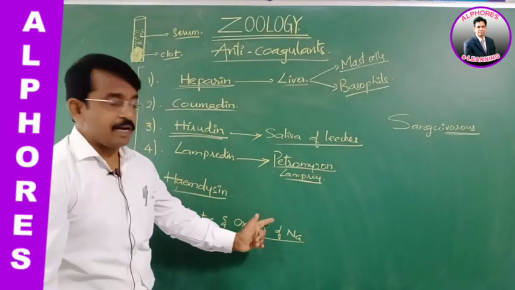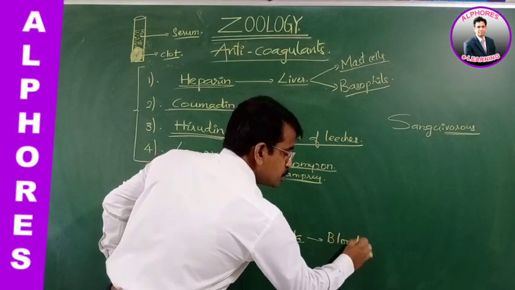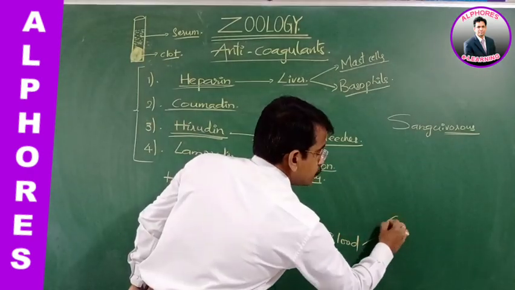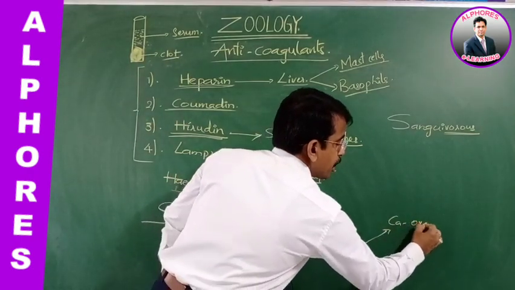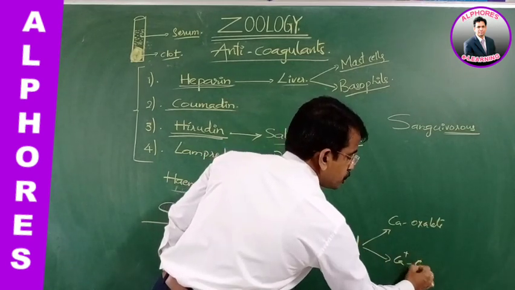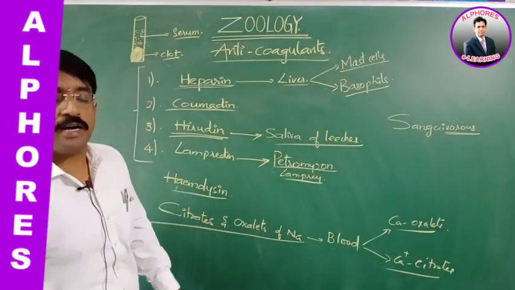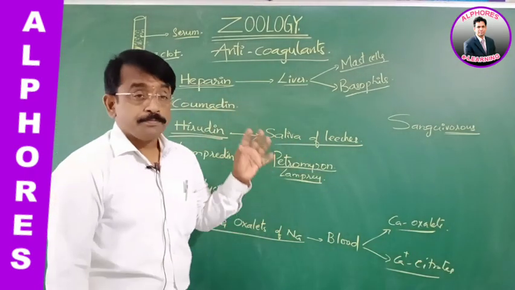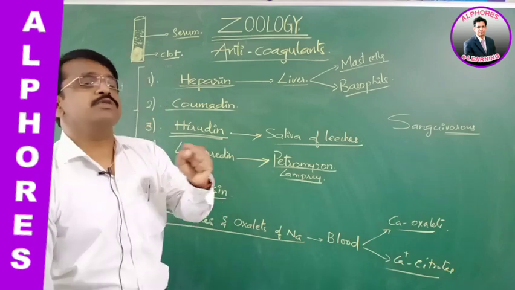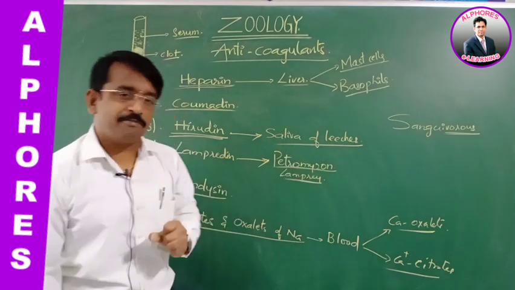So, when citrate and oxalates are added to the blood, what happens? It results in calcium oxalate and calcium citrate being formed. Is it right? Calcium oxalate and calcium citrate. Generally, every element loses its property when it is in compound form compared to its normal form.